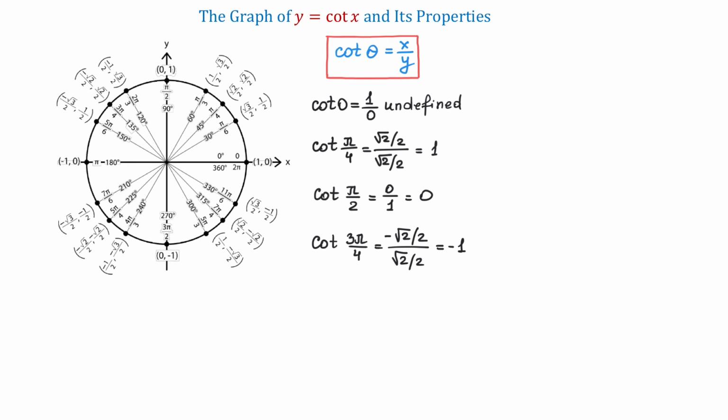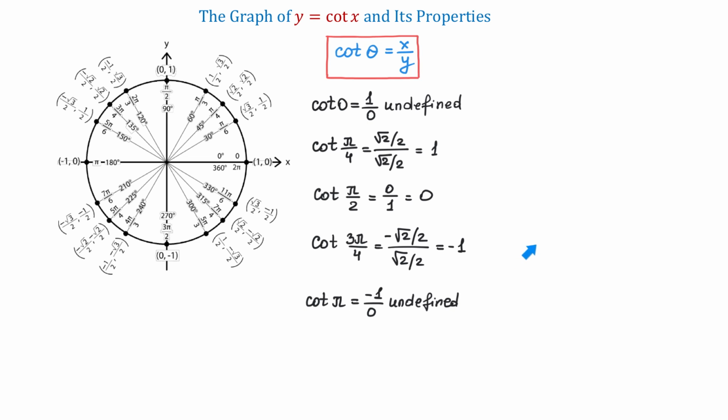And now let's have one more value of the cotangent function at pi. Here, negative 1 divided by 0 is again undefined. And let's write that cotangent of pi equals negative 1 divided by 0, which is undefined.